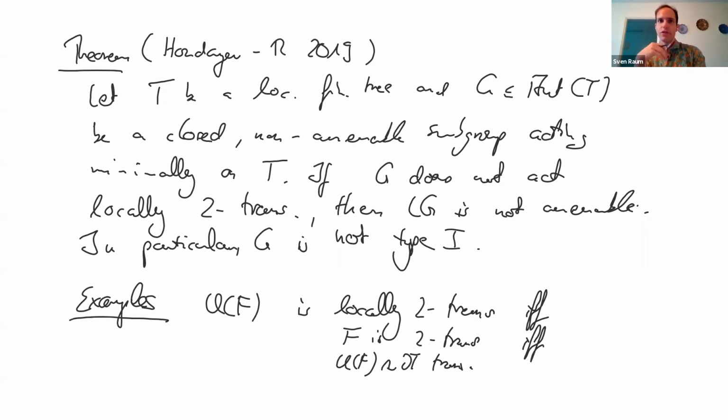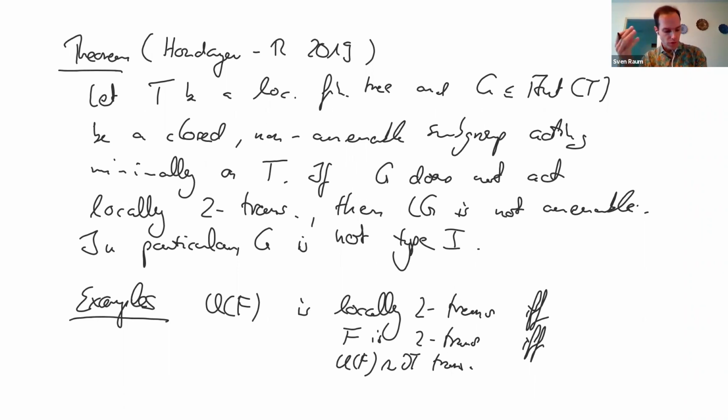Okay, so for the U(F), one now has a good characterization of when they have good representation theory, and one has a good reason why they are not of good representation theory in case they do not act transitively on the boundary. Namely, the group von Neumann algebra is actually non-amenable.